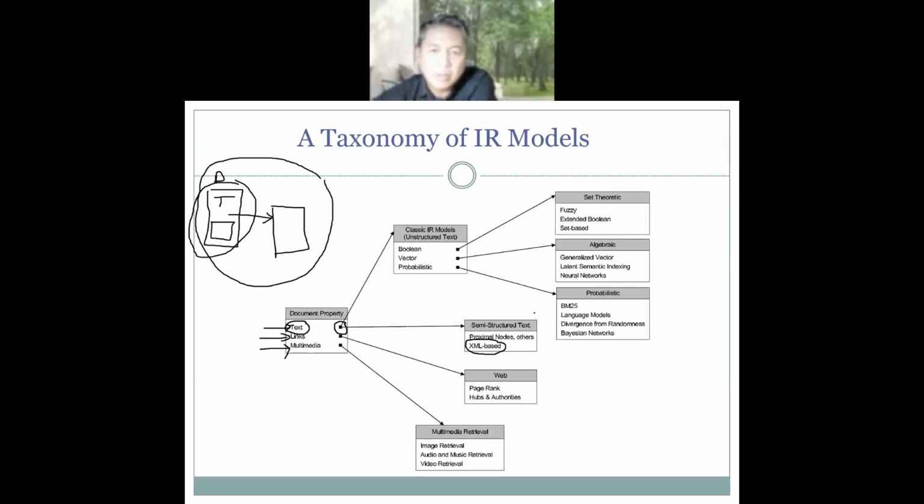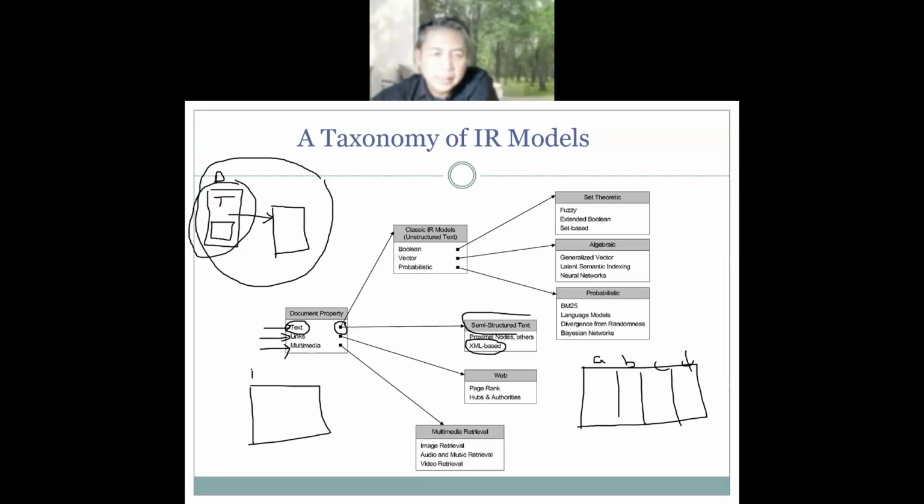Okay, so they call it semi-structured because in a database, this is what we call structured data, because you have columns A, B, C, D, but in a document, this is unstructured because you have many terms inside. So this is structured, this is for the database, and this is for the document, unstructured.